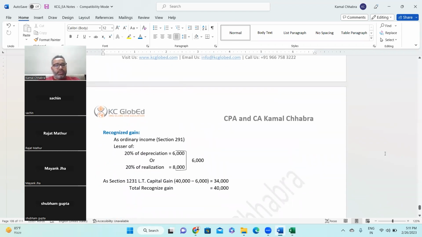Which one is lower? $6,000. So we need to consider $6,000. As section 1231 long-term capital gain will be $40,000 minus $6,000. This $6,000 would be considered as ordinary income under section 291. Make sense? And this section is only and only for the C corporation.